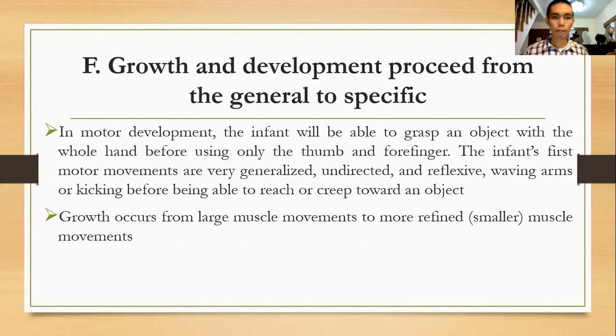Growth occurs from large muscle movements to more refined or smaller muscle movement, right? If we are going to observe the children, they are able to hold an object by their hand before they use their fingers, right? So that is the explanation of this principle.